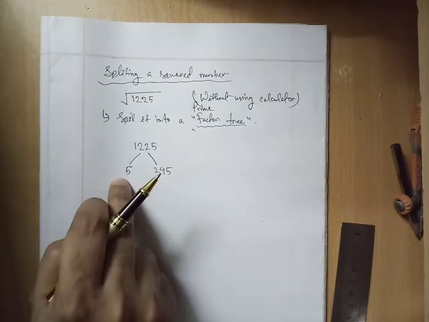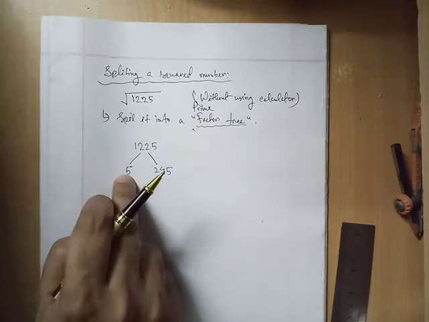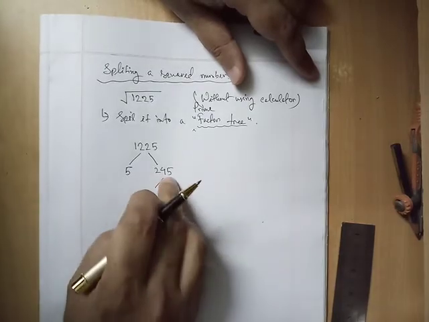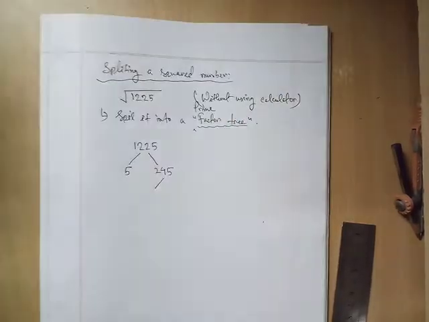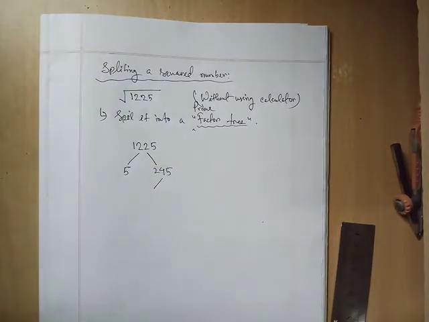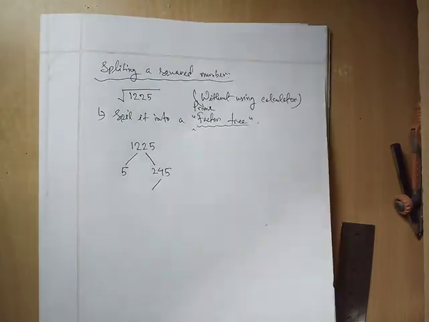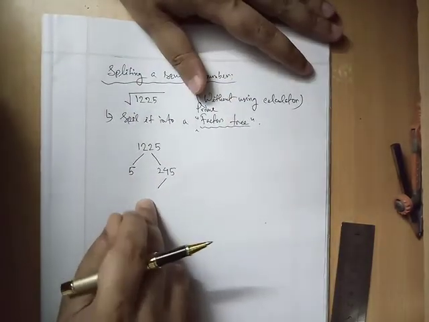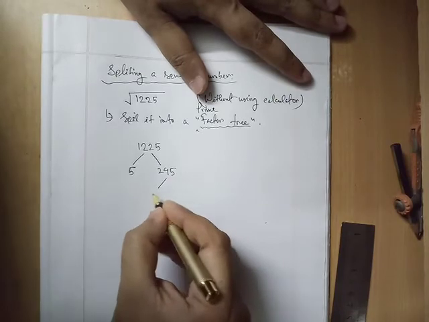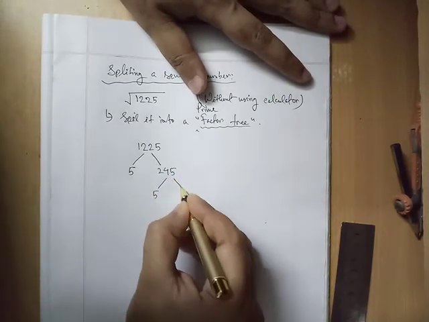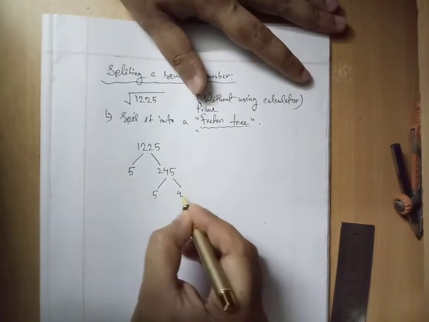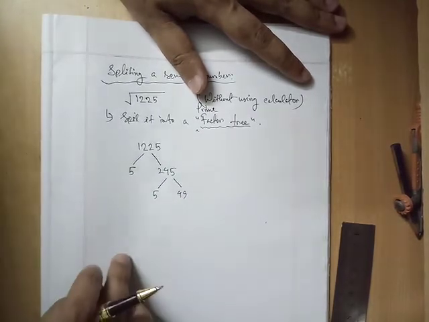Now let's break 245. 245 again is divisible by 5, and the quotient will be 5 4s are 20, 4 plus 5, 5 9s are 45, so 49.